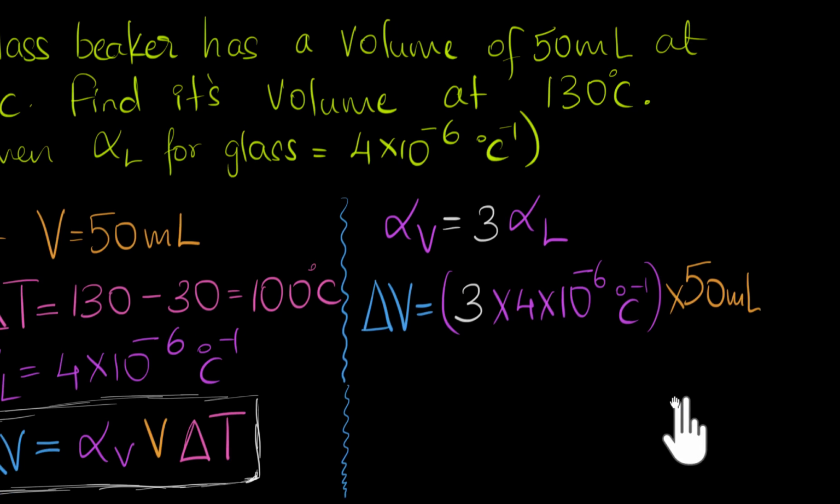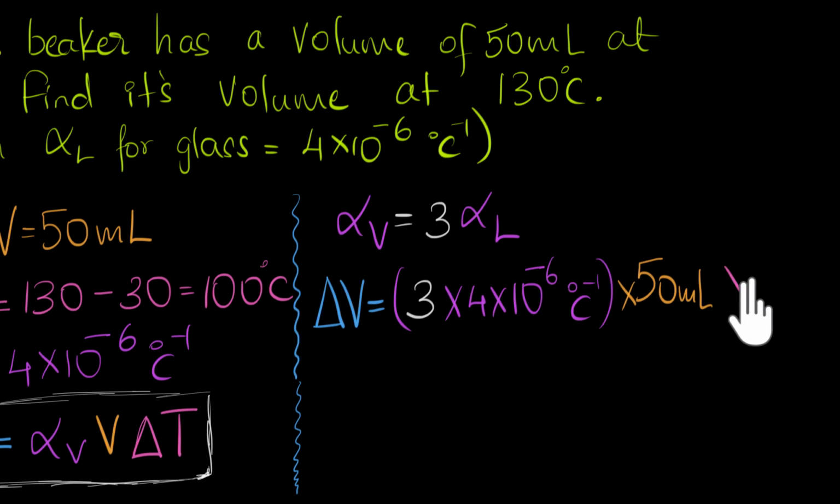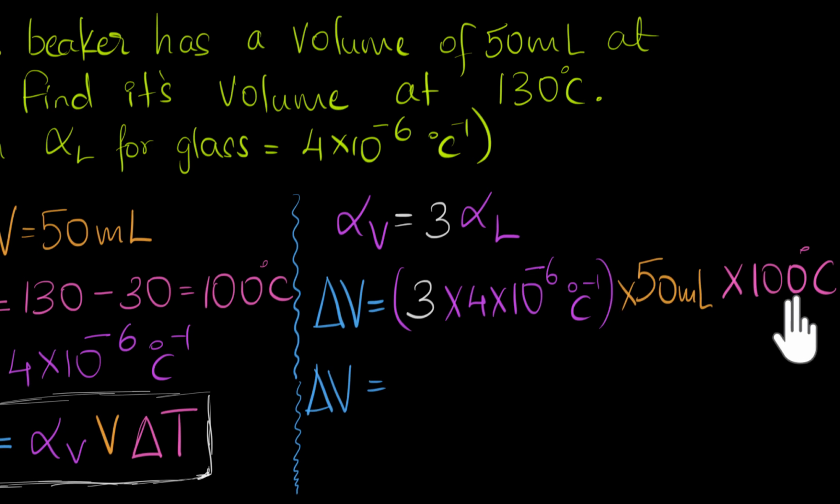All right, what do we get? Let's see. Degree Celsius and degree Celsius inverse cancels, right? And so what we end up with is 3 times 4, that's 12. 12 times 50, well, 12 times 5 is 60.